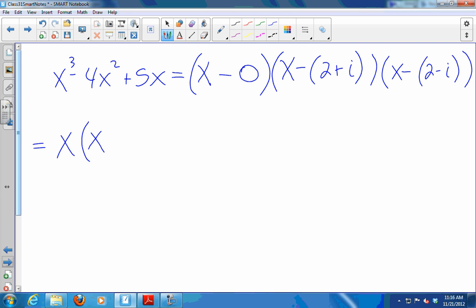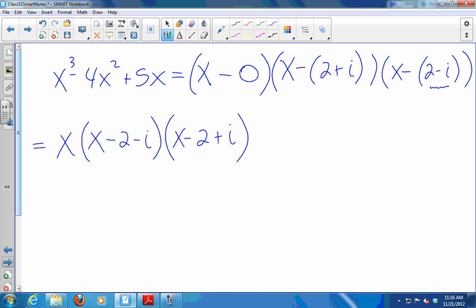And I'm subtracting this entire complex number, 2 plus i, which is why I put parentheses around it. So I'm going to distribute the negative. So I get minus 2 minus i. And same thing here. I was subtracting this entire complex number, which is why I put parentheses around it. So I'm going to distribute that negative also, and I get minus 2 plus i.